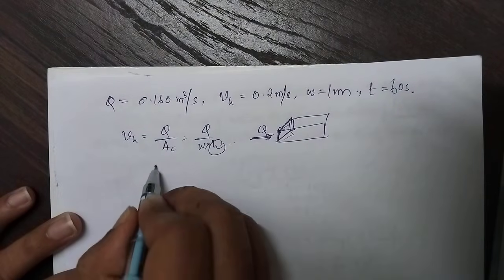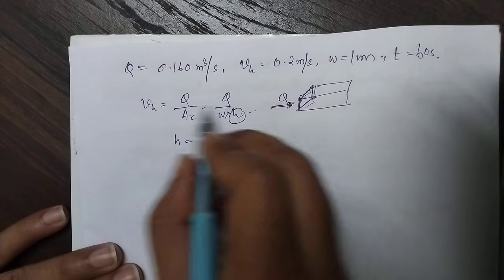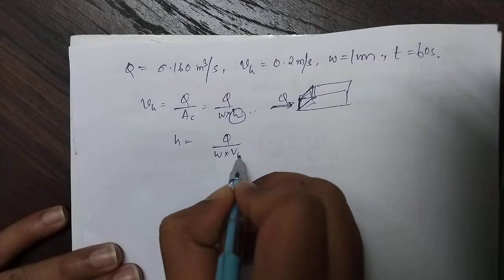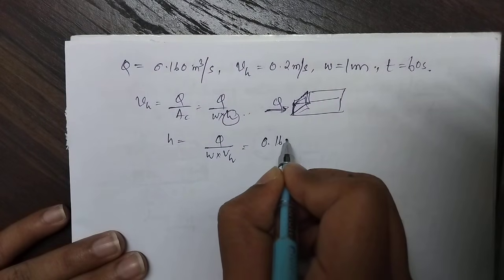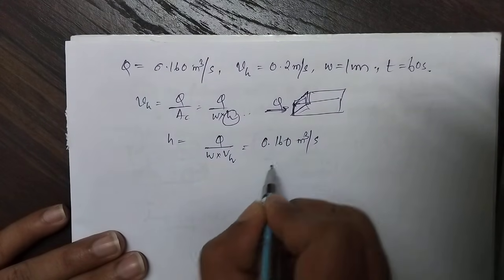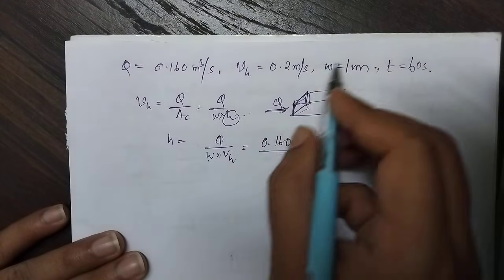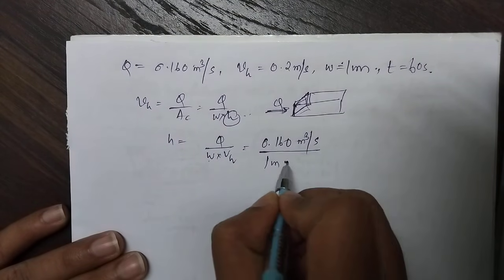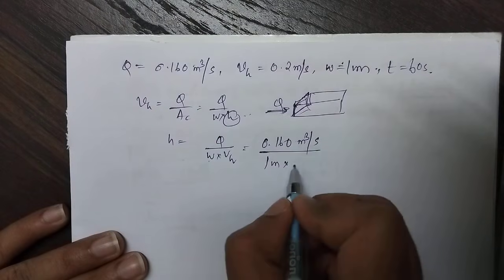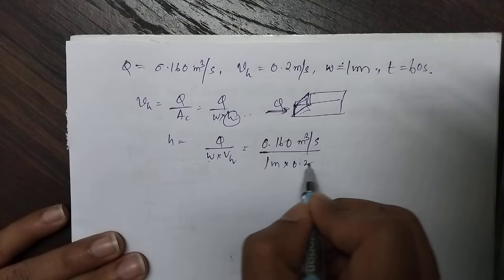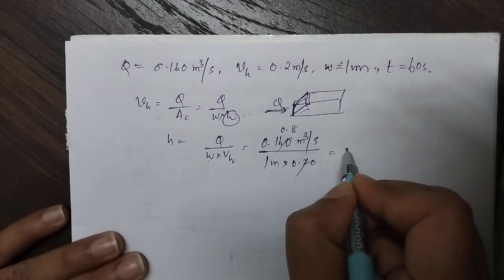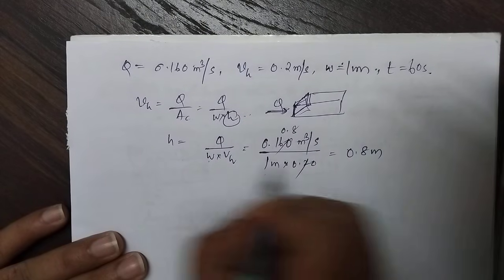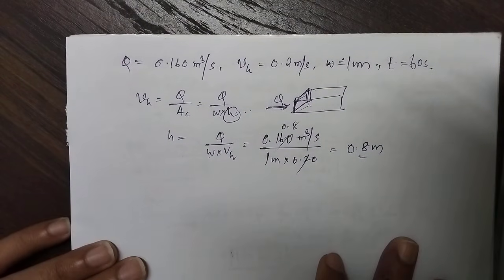So we can calculate height. H is equal to Q by width into horizontal velocity, that is 0.160 meter cube per second divided by width 1 meter into horizontal velocity 0.2. So this is 0.8. So now height is 0.8 meters.